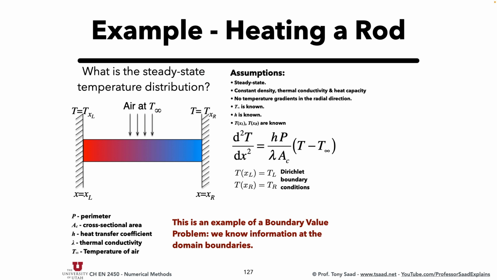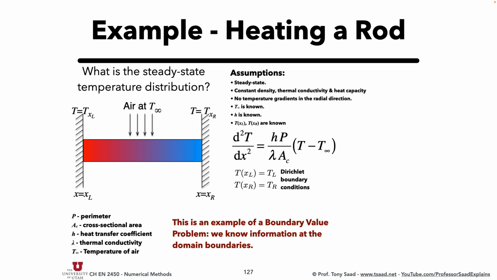Okay, and this problem is described by this second order differential equation. It's an ODE because there's only one independent variable, x, and it describes how the temperature is going to vary from one side to another on this rod, subject to the conditions that on this point the temperature is given at T_L, T left, or T_A, whatever.